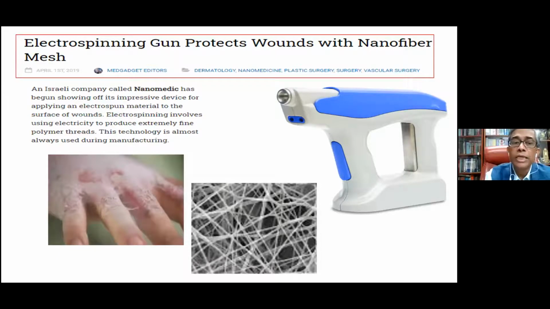What they do is they actually spray nanofibers on the surface, which is a medicated nanofiber. And they become kind of a part of the skin, and then this medicine works on it. And when it is recovered, you just peel off this nanofiber layer and your skin becomes totally regenerated and gets back into the regular shape it has been.